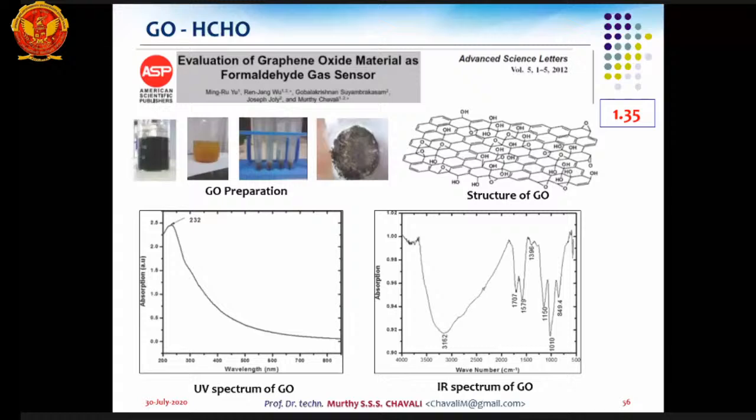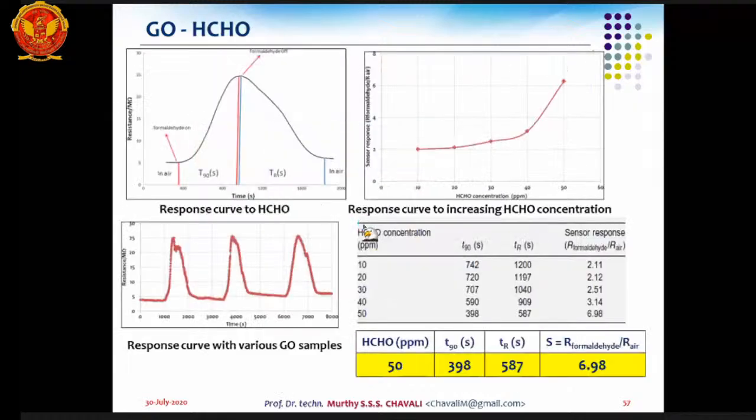So we started to work on graphene oxide, but that itself proved to be very useful, and we were able to develop something with graphene oxide for detecting 50 ppm. What the biotechnology industries need is something in the order of percentages to very high ppm, but this one is coming up to 50 ppm.